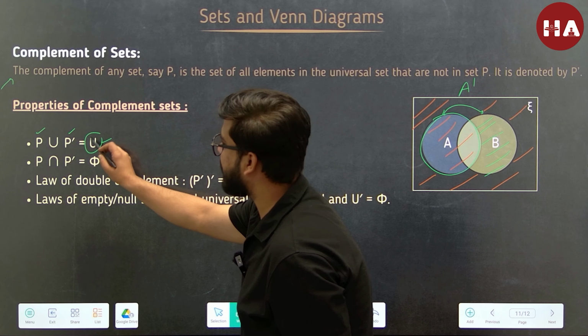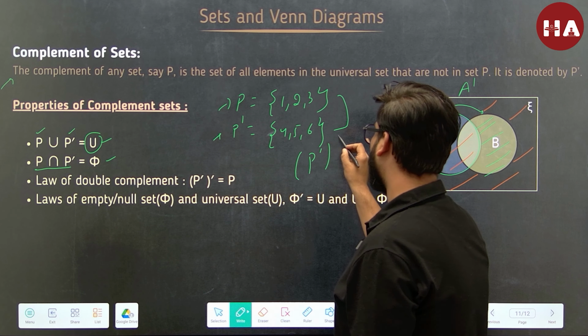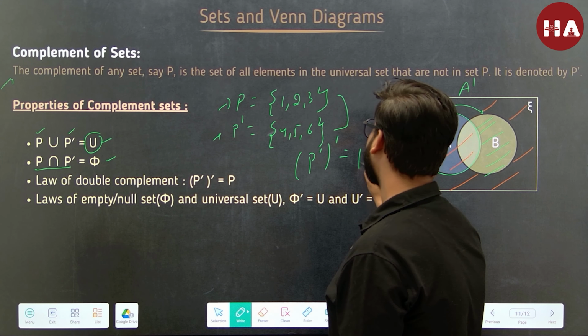If I do the intersection of them, you can see that nothing is common, so this will be a null set. As you can see on the board, the complement of a complement will always give me that set. Okay, you can note this down students.